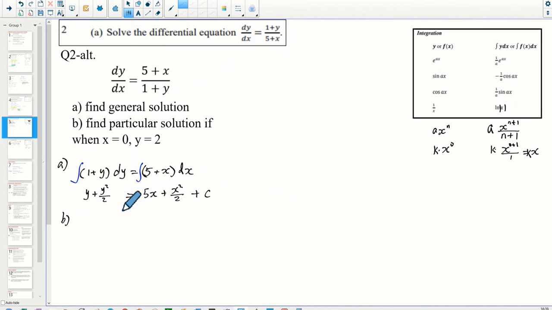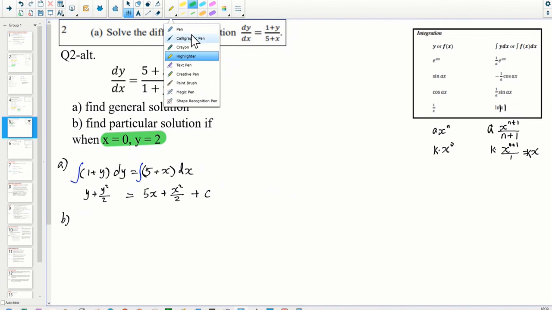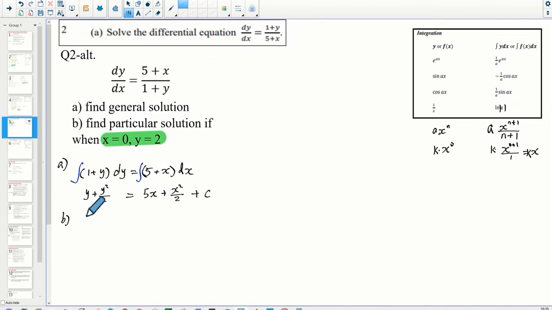Now, then we'll go to the second step. Simply plug in the condition, when x equals 0, y equals 2. So we'll just plug that into the general solution that you just obtained. So y is 2, therefore it is 2 plus 2 squared over 2.